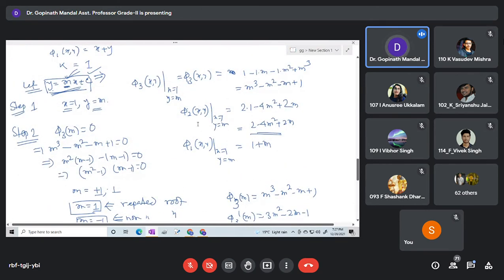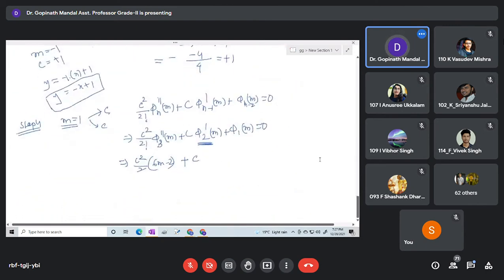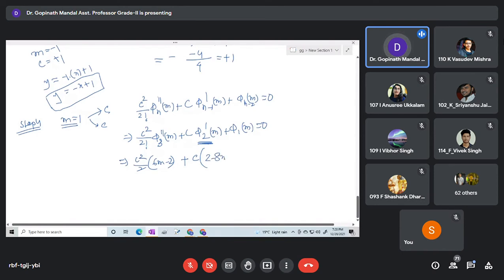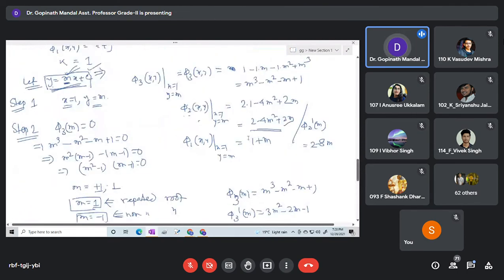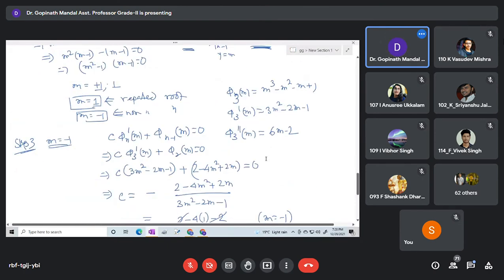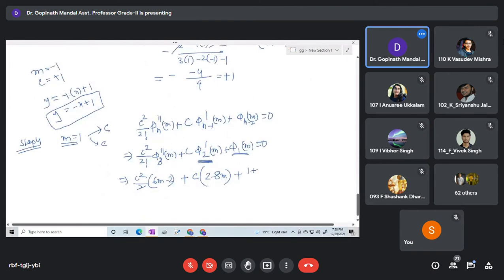So phi 2 dash m will be 2 minus 8m. Put here 2 minus 8m plus phi 1 m. What is phi 1 m? Phi 1 m equal to 1 plus m. Just put here 1 plus m equal to 0.